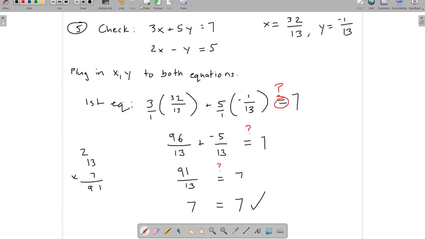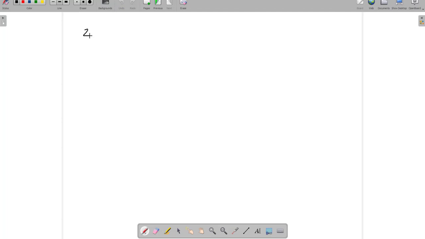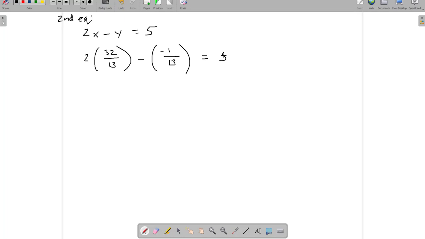So let's go ahead and check the second equation quickly. 2x minus y equals 5. This is the second equation. So we're going to plug in x and y, 2 times 32 over 13, minus just 1 times negative 1/13. And we're verifying to see if this equals 5.